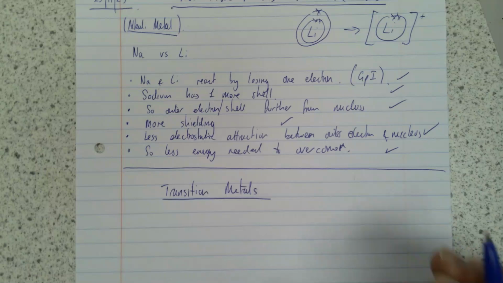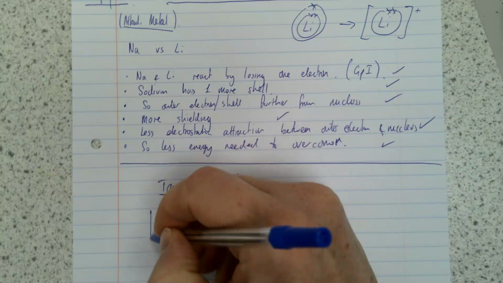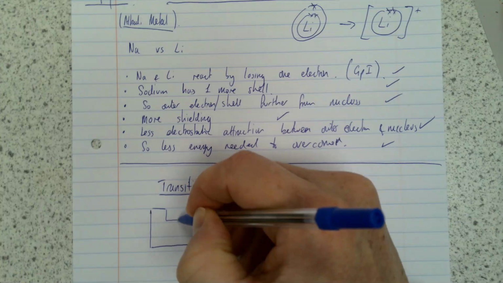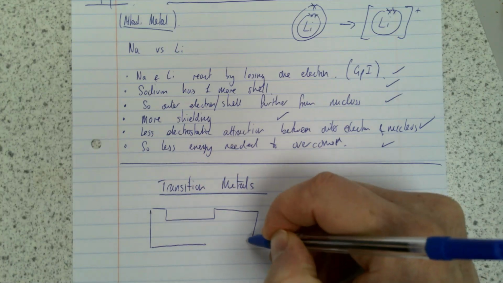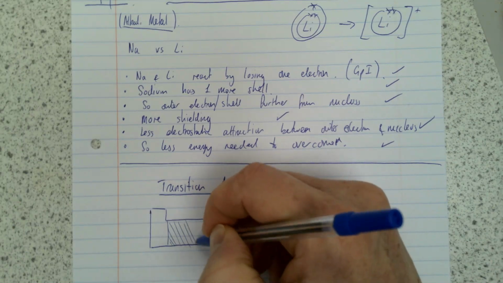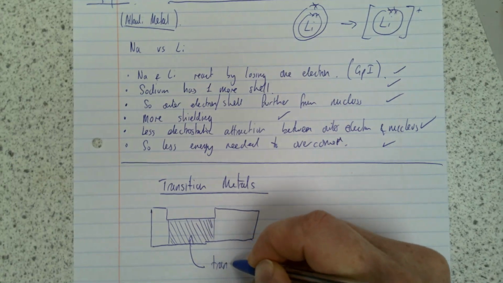The transition metals, you don't need to know loads about these, if I'm really honest. And if you just do a very rough sketch of a periodic table, something along these lines. This section here, at least as far as you need to worry about for GCSE, is what we call the transition metals.